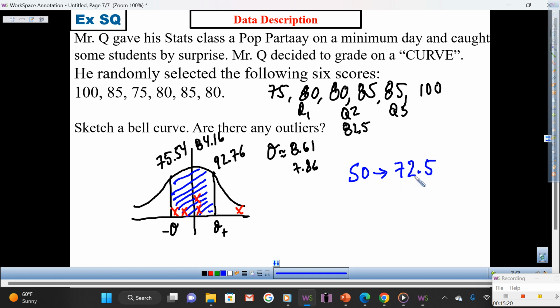Are there any scores below that? No, so there's no outlier in the lower part. How about the larger outlier? What is it? 92.5. Is there a score beyond that point? Yes, so it would be the which one?